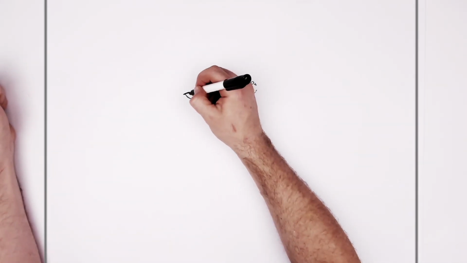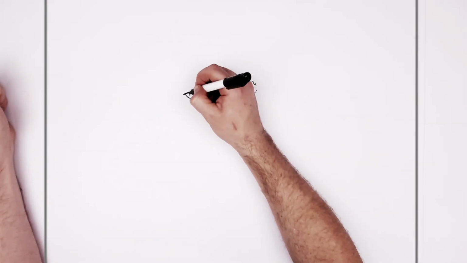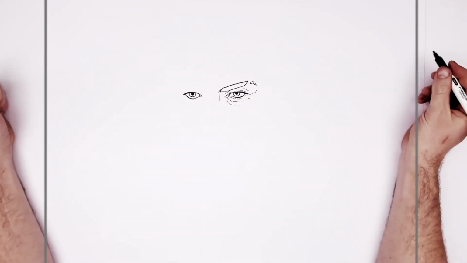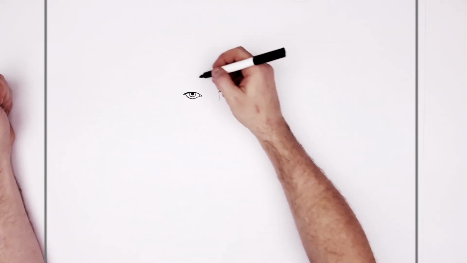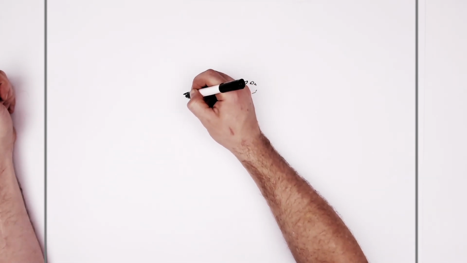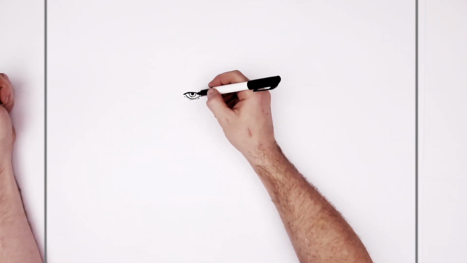Iris and pupil. Half circle again. Like that. And then eyelid lines and wrinkles and stuff underneath his eyes.